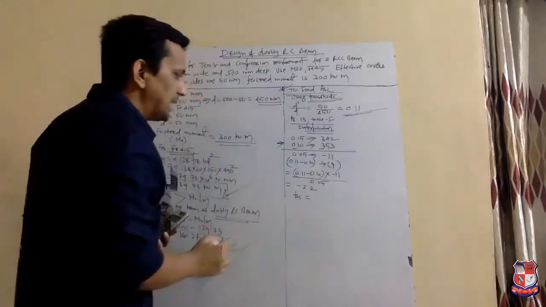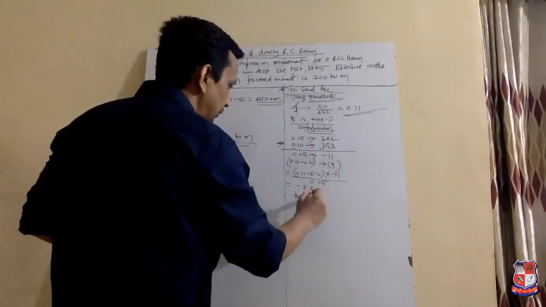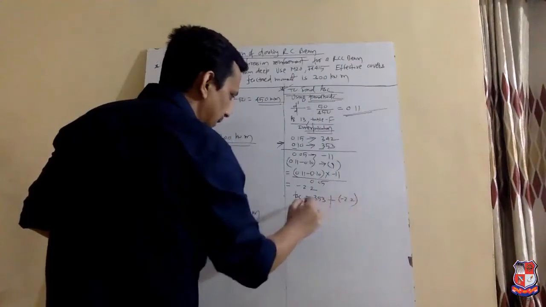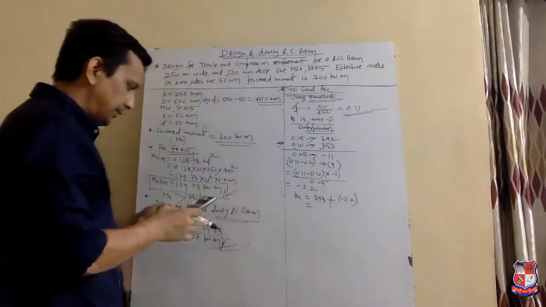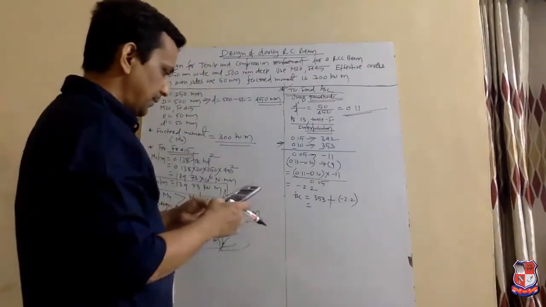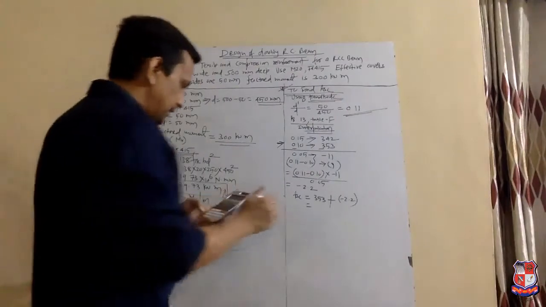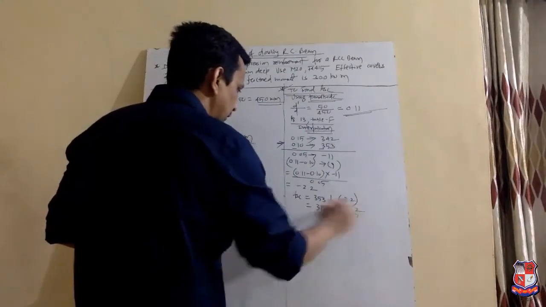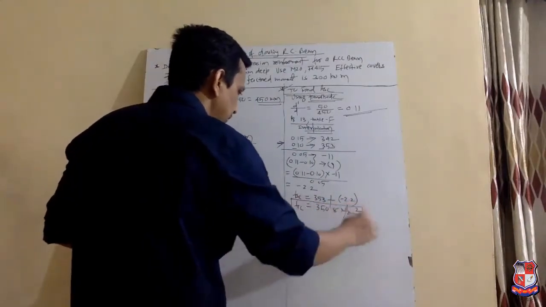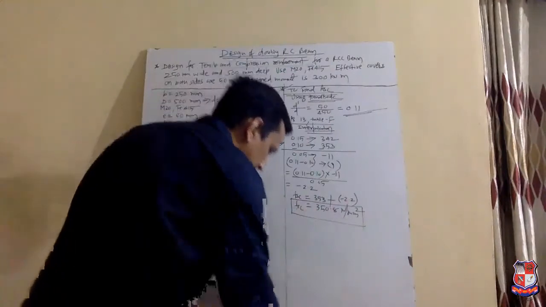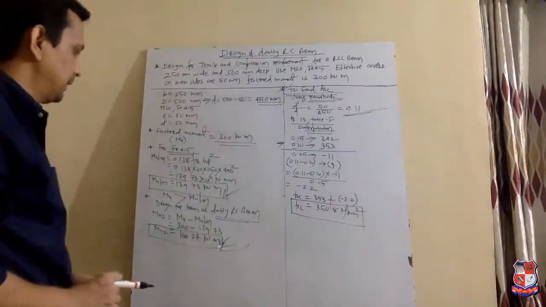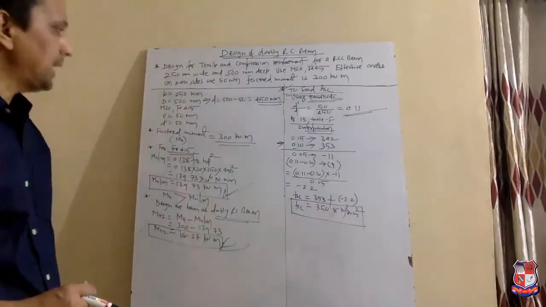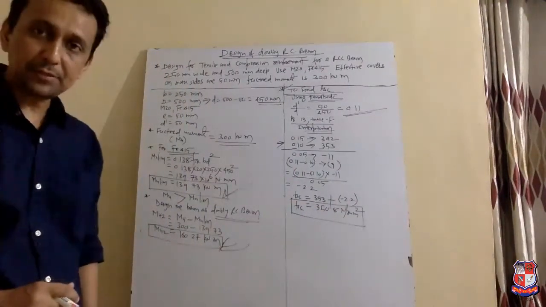So finally we get FSC is equal to 353 plus the difference, so 353 minus 2.2, we get 350.8 Newton per mm square. So in this way, doing the interpolation, we get the FSC value 350.8 Newton per mm square.